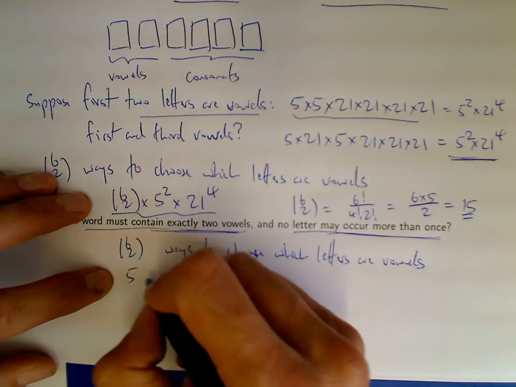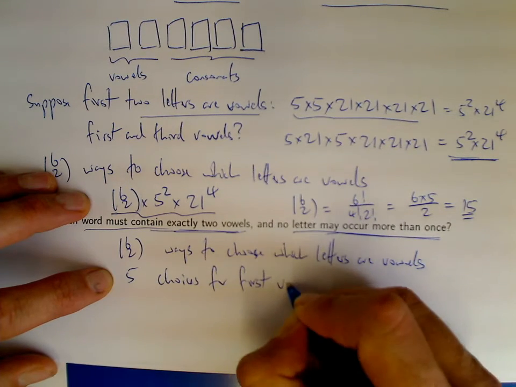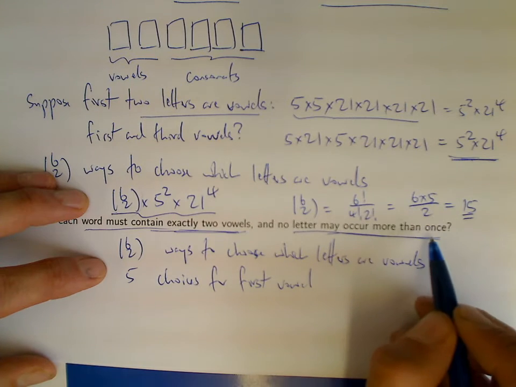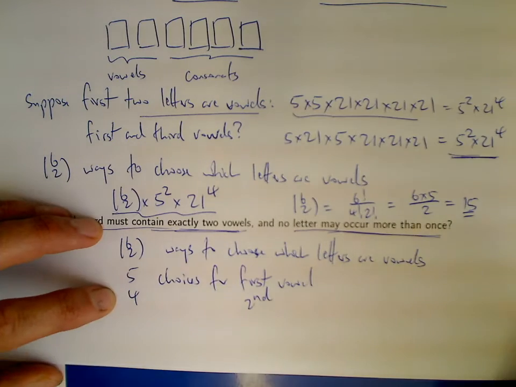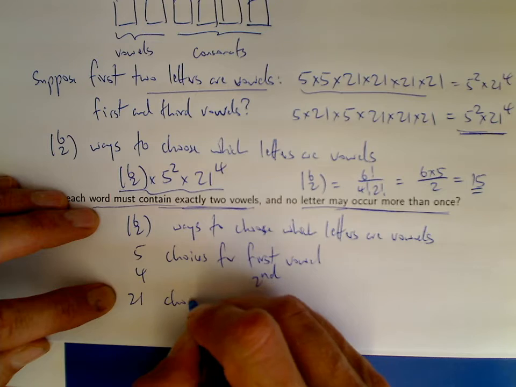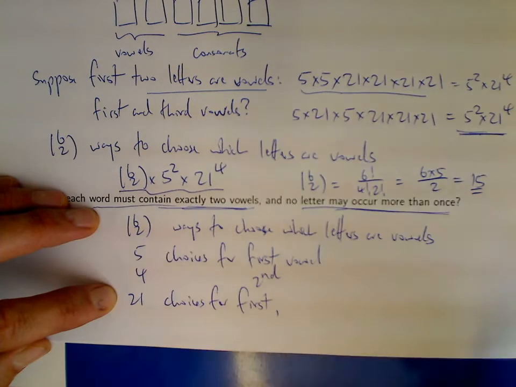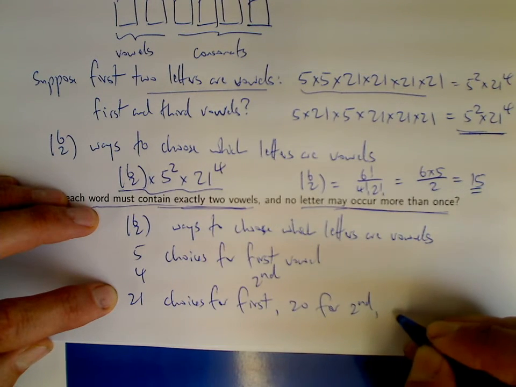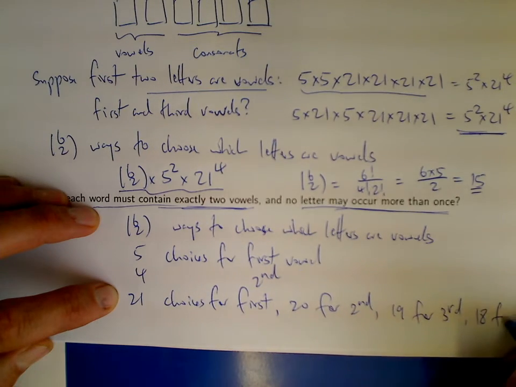And then we're going to have 5 choices for the first vowel. And then we'll have used that vowel up. We're not allowed to use any letter more than once, so the next vowel will only have 4 choices. And then with the consonants, we're going to have 21 choices for the first, and then we'll have 20 for the second, then 19 for the third, and then 18 for the fourth.